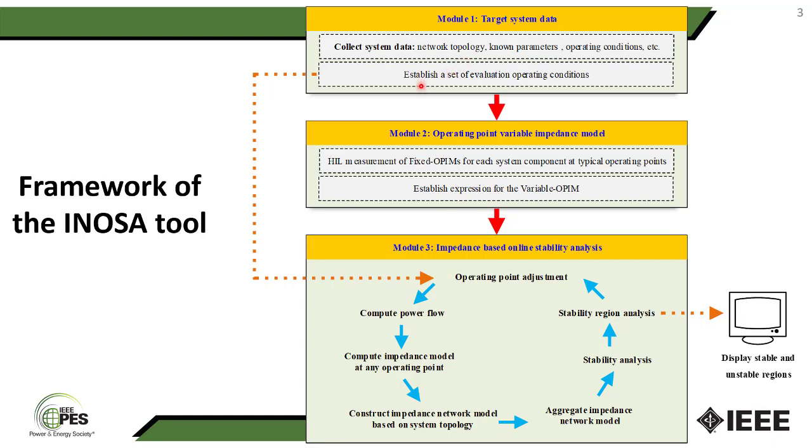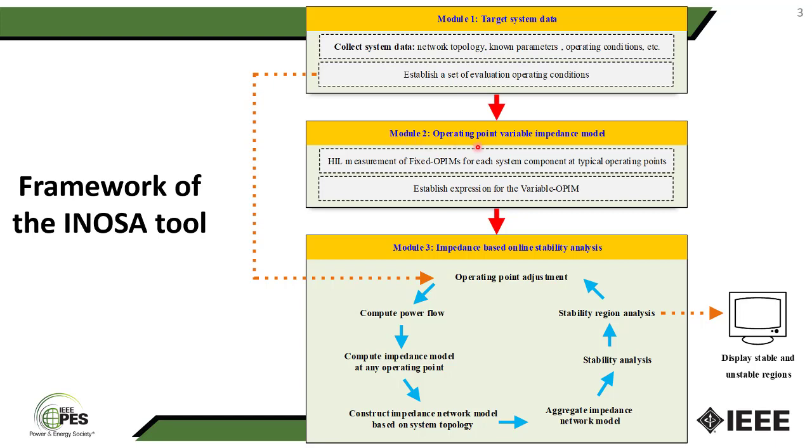And we establish a set of evaluation operating conditions, the operating conditions at which the devices and the system would operate normally. This can be filtered out by setting some constraints, for example, the terminal voltage and capacity constraints, which will be discussed later in the next slides.